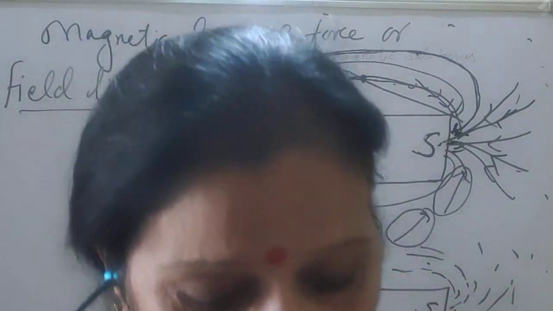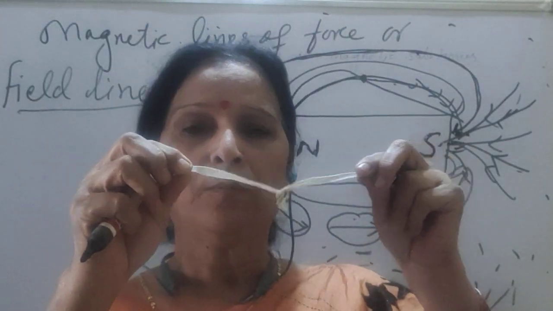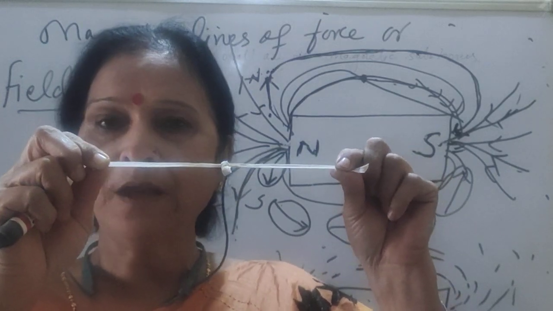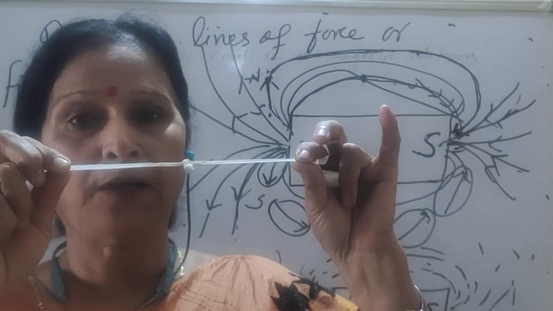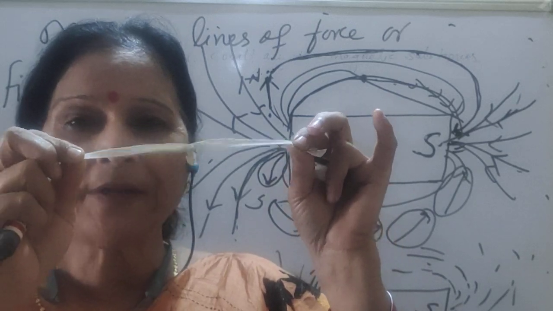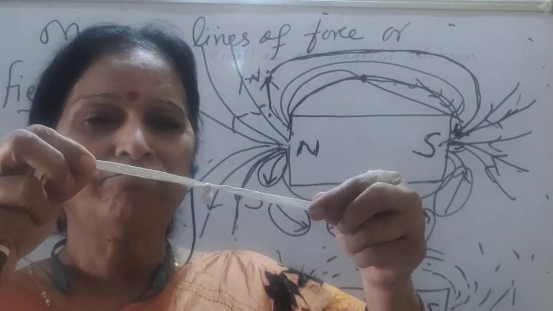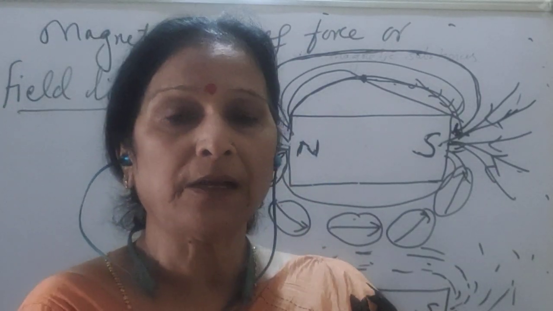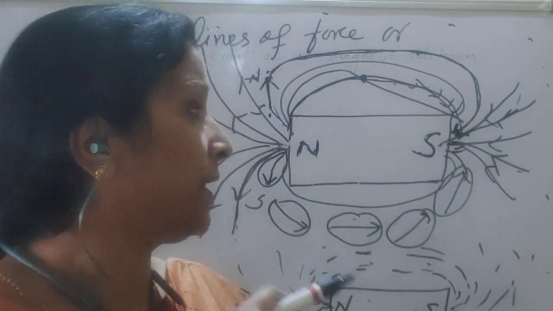If we pull this rubber from both sides, its length will get elongated, but it will try to contract along its length. Its shape has deformed. So the field lines are like stretched rubber which wants to contract along its length.